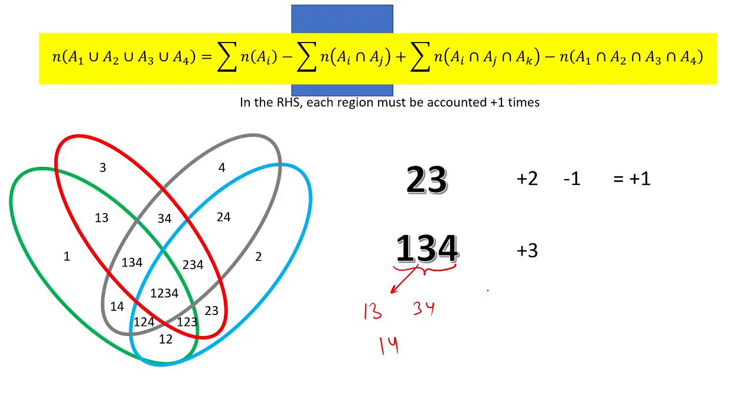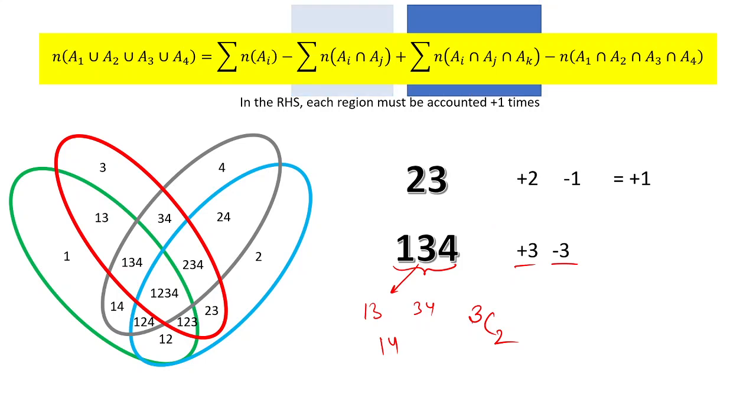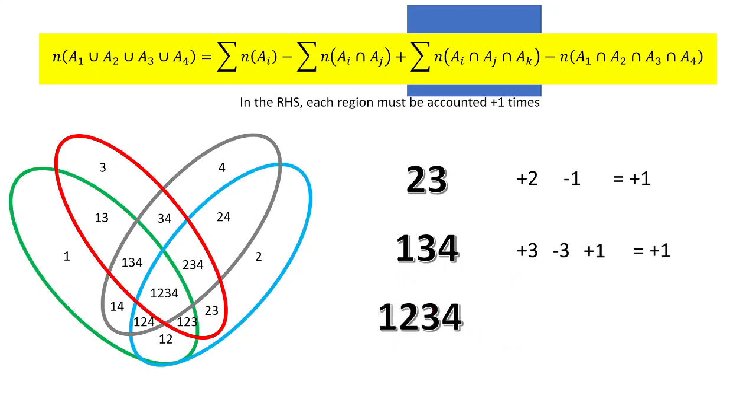So that would be 3 times. In a simpler way you can write 3C2. So minus 3 times, plus 3 minus 3, it's gone, but there is one more level in which it will be encountered, and in the third level it will be encountered only once, and this level is a positive level. It will be added plus 1, and you will get it plus 1 times.